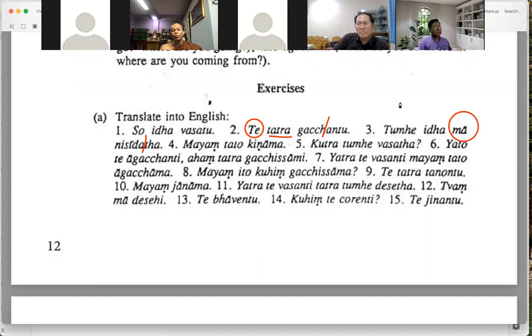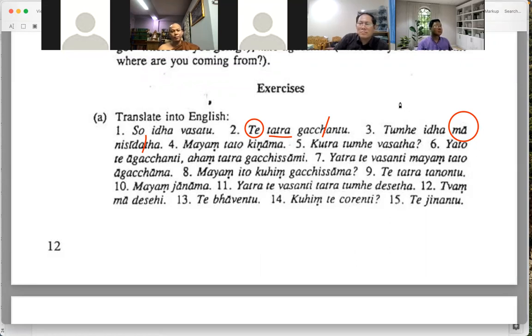So it would be "you may sit, or may you sit, or sit." Nisida means sit. But here ma is a negation for prohibition. So you may not sit, or may you not sit, or don't sit.